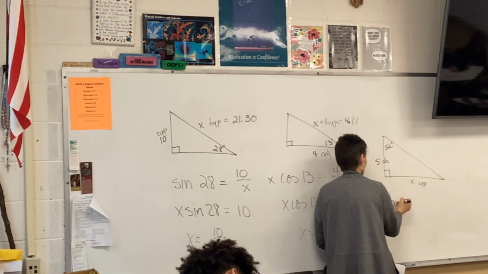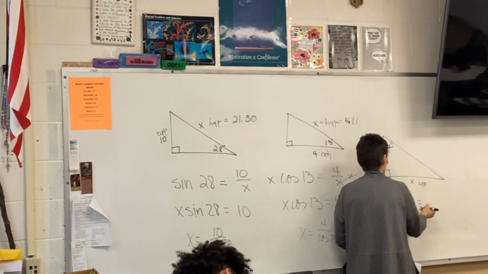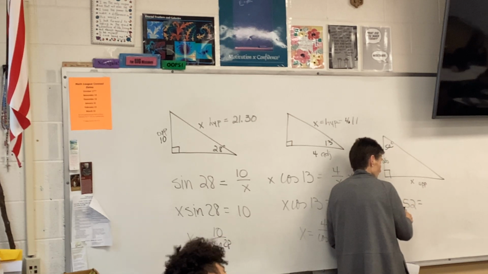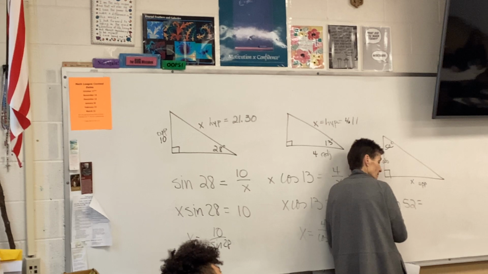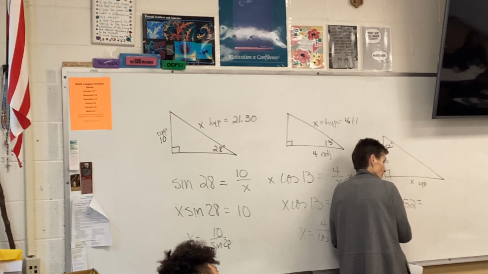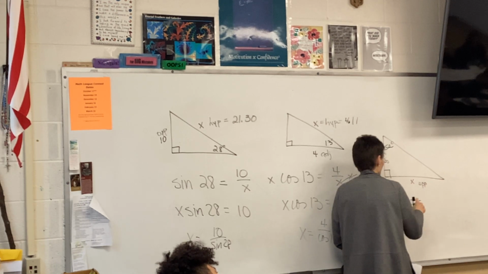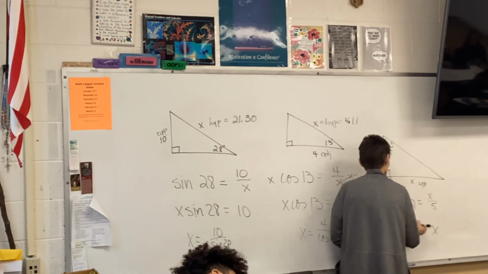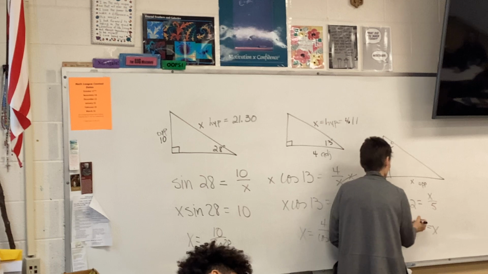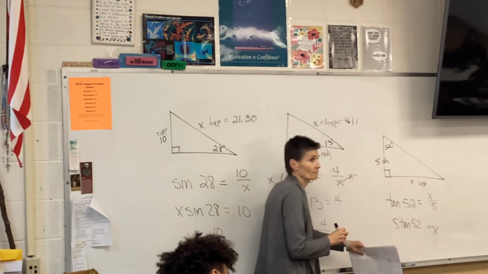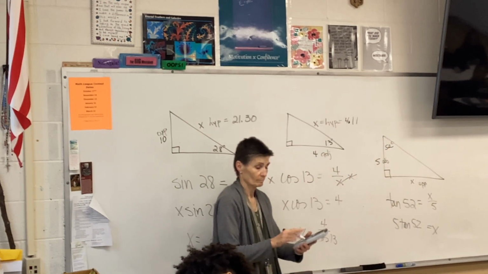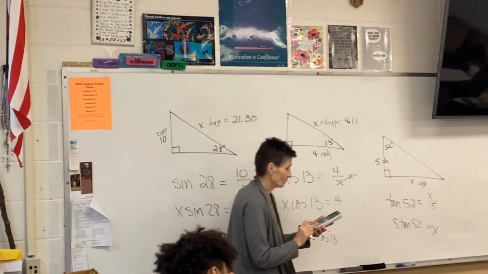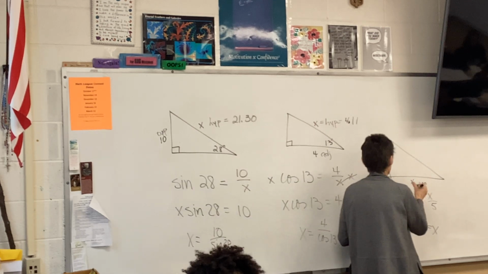So tan 52, always make sure your angle is with the tangent. Opposite over adjacent. All we have to do this time is times by 5. Would you agree with that? 5 tan 52. I got 6.4 of them.